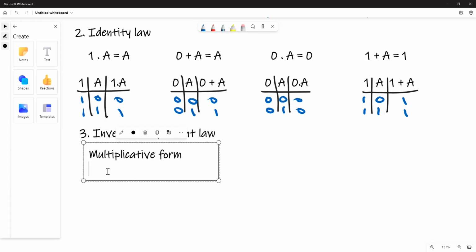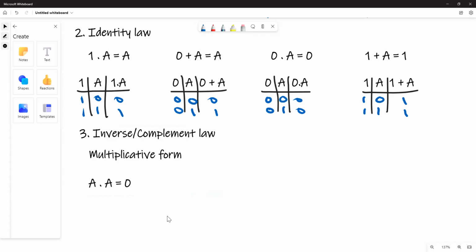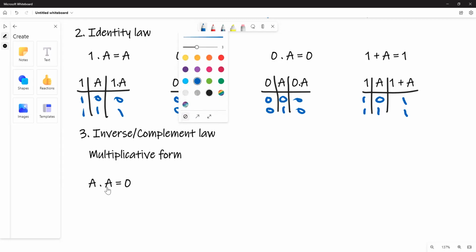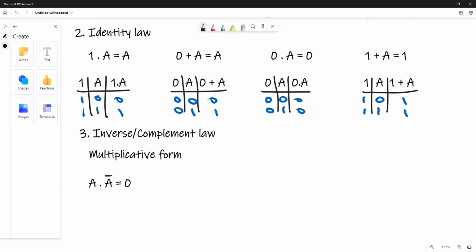So what this means, the rule says when you have a variable and you multiply it with its complement, you'll get 0. Right? So the idea is if you take a variable and multiply it with its complement, you are getting 0.